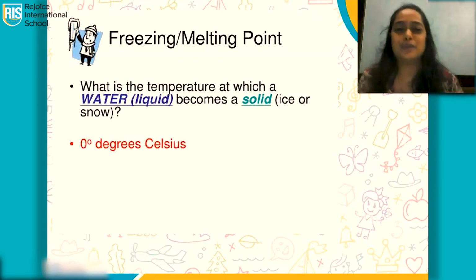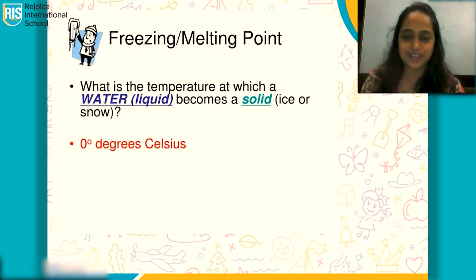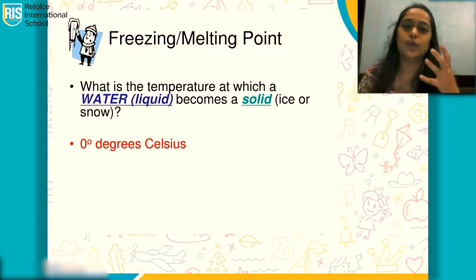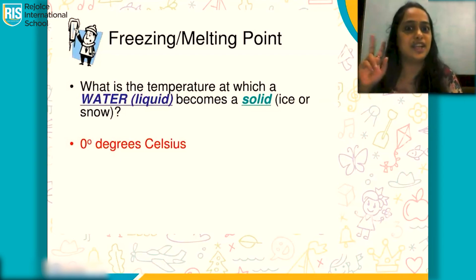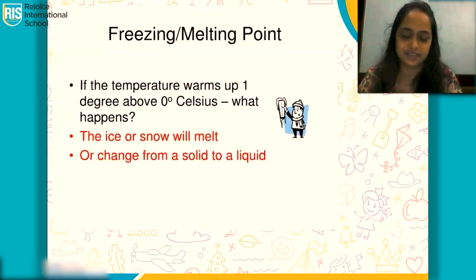Putting an ice tray filled with water in the freezer will not make it ice until a 0 degree temperature is maintained inside the freezer. Only then will water get converted into ice. So what is the temperature at which water becomes solid or ice? The answer is 0 degrees Celsius.